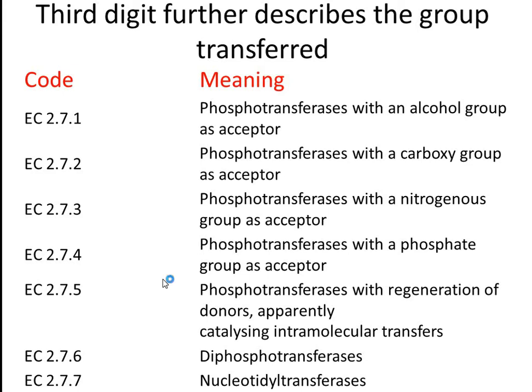If the third digit is 5, then it indicates that these are the phosphotransferases with regeneration of donors, apparently catalyzing intramolecular transfers. If the third digit is 6, then it means that these are the diphosphotransferases. If the third digit is 7, then it means that these are the nucleotidyl transferases.